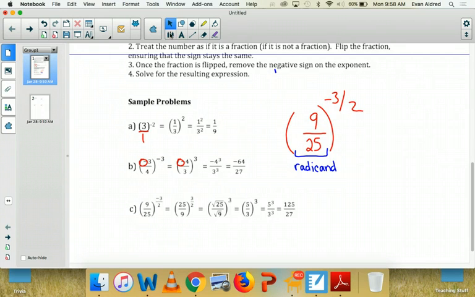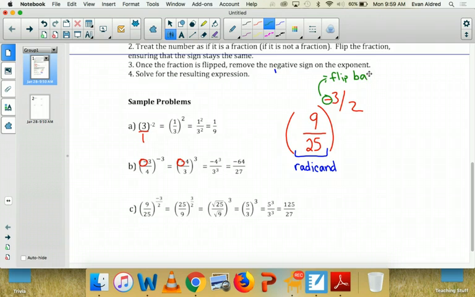The next thing you'll note is the negative sign, as we've already discussed, tells us to flip the base. The denominator becomes the index of the radical, and that radical will have a radicand of 9 over 25.